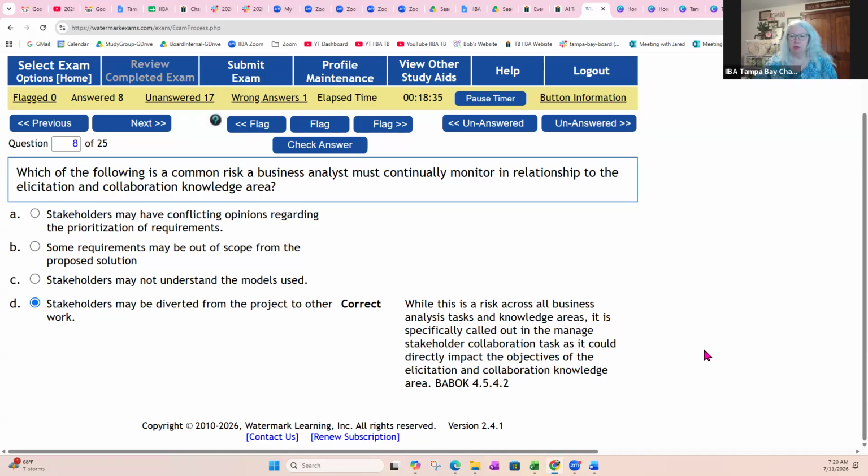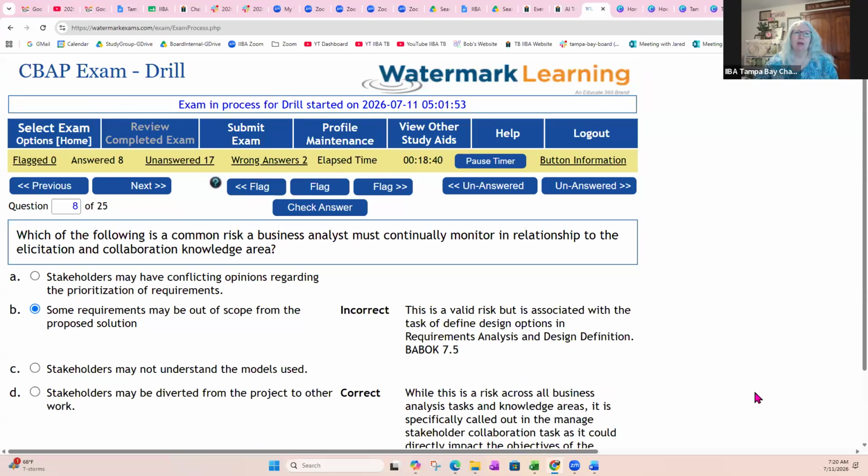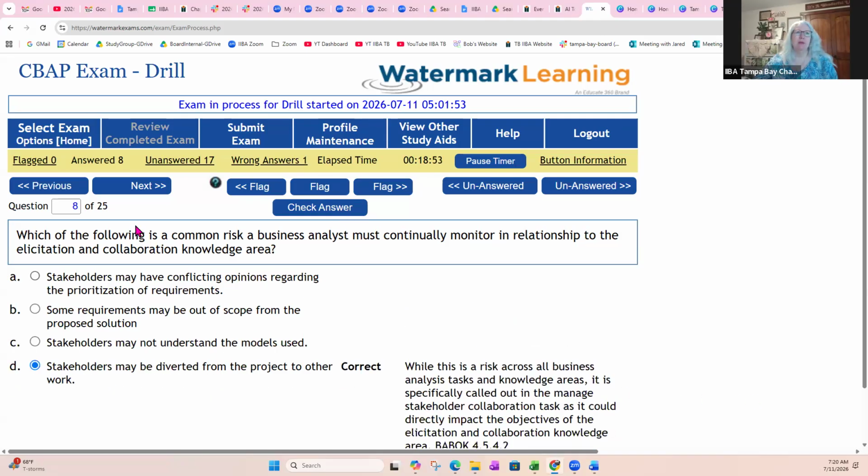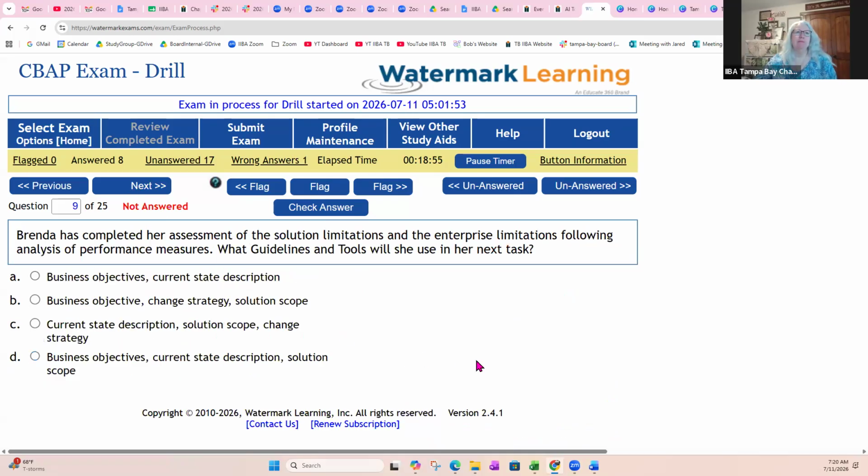So you've got to monitor those two things. B is not correct. It's a valid risk, but is associated with the define design options task in RADD. But you got it right. Good job.